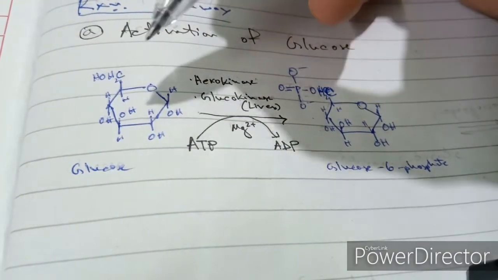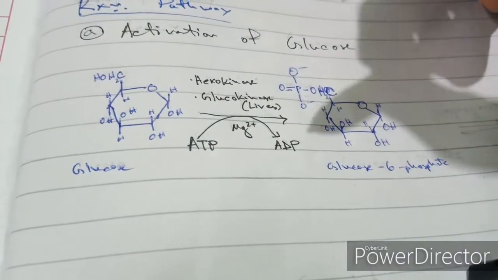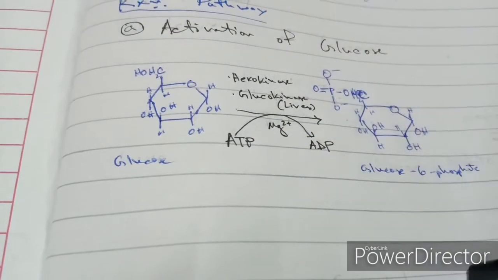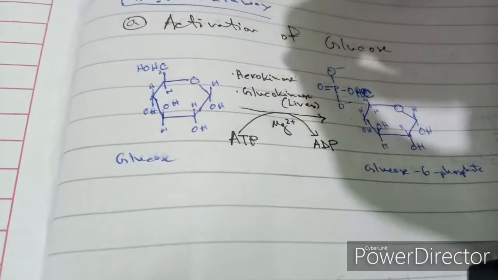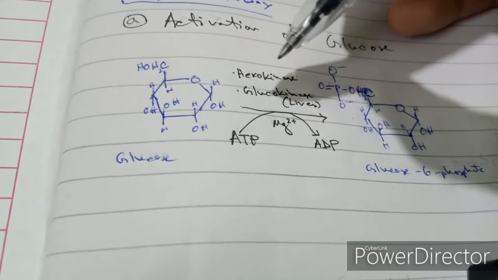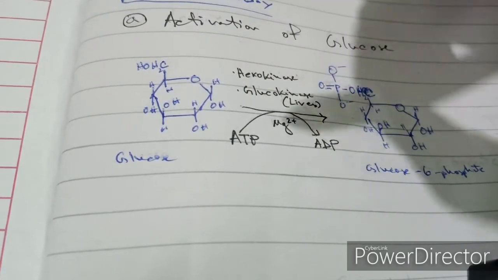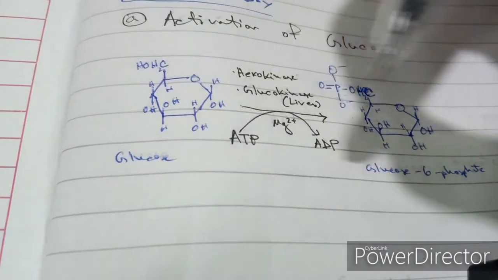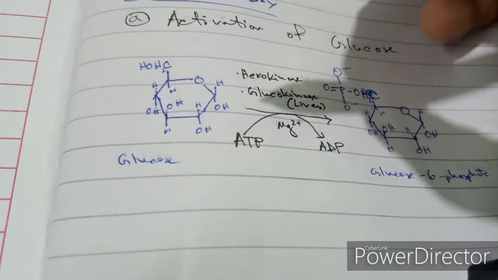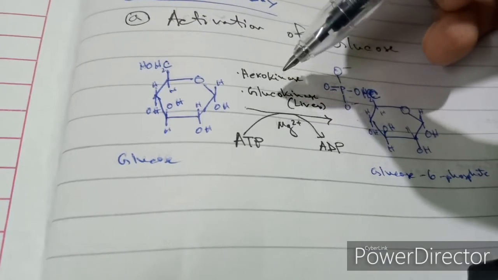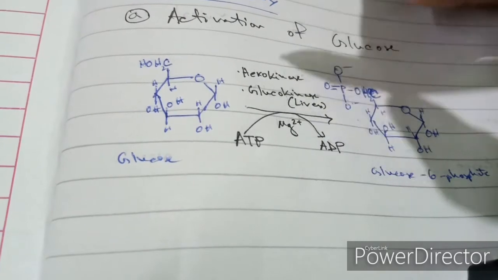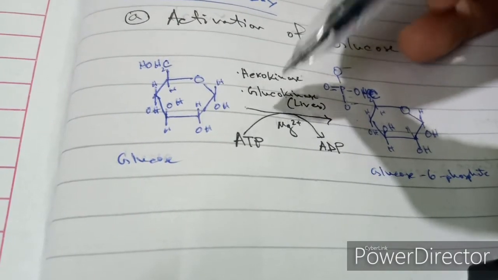Both of these form the same product, but the conditions in which hexokinase acts favor glycolysis, and the conditions in which glucokinase acts favor glycogenesis, because glucokinase has a higher Michaelis constant, less affinity, so it is less strong.